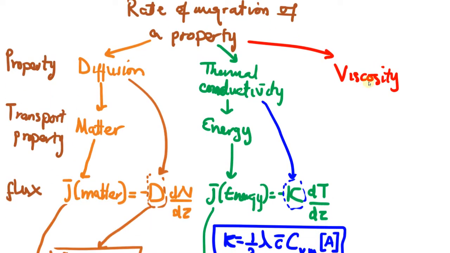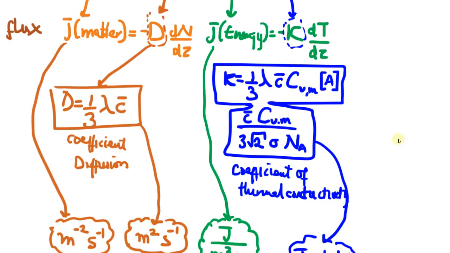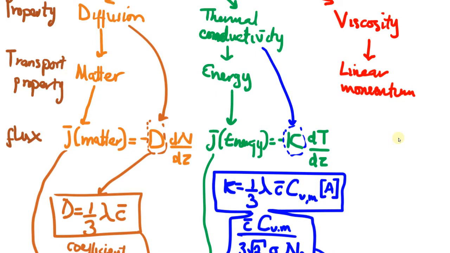In terms of viscosity, we notice the property that is transported is called linear momentum, usually on the x-coordinate or component, and the linear momentum is measured in terms of our particular flux.